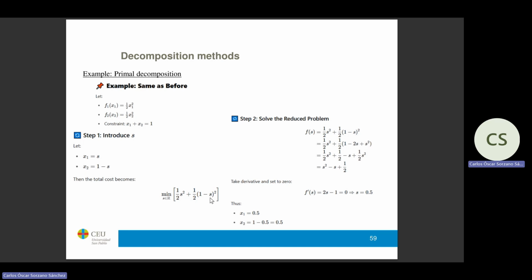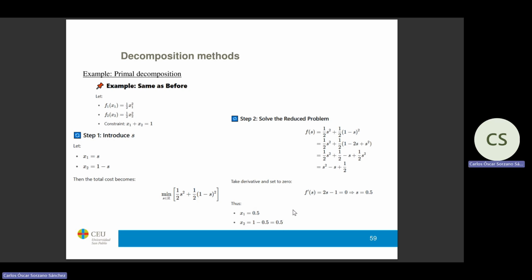And then you substitute into the original problem: 1/2 of x1 squared plus 1/2 of x2 squared. Then you solve this the best way you want. You compute the derivative of this and set it to 0. The derivative is 2s minus 1, set to 0. s is 0.5. So now you know x1 and you have x2.